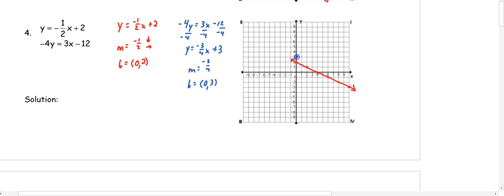So I'm going to go to 0, 3. I'm going to go with my slope down 3 and right 4. I have my intersection point. I'm going to go down 3 more and right 4, so I have a nice line. And then I can see my intersection point. In this case, my intersection point is 4, 0.